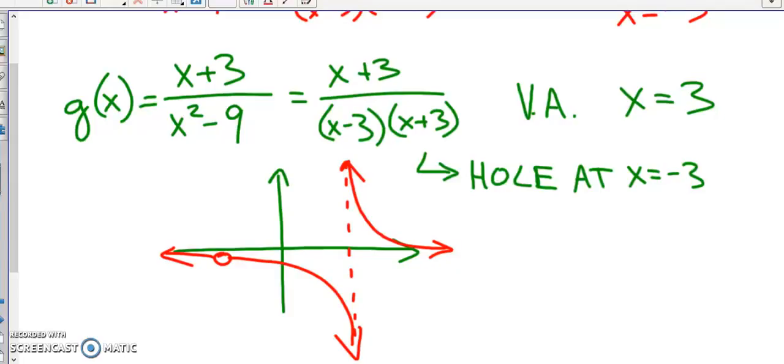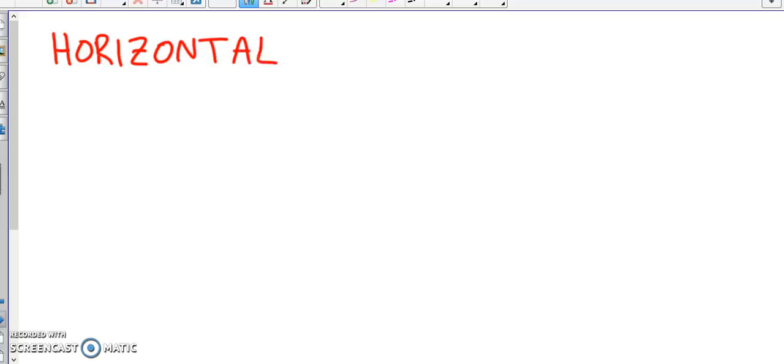The next thing we have to figure out are horizontal asymptotes, or in this case, there'll only be one. Potentially there could be two, but for a rational function, there's only ever one. So a horizontal asymptote is a horizontal line that the graph doesn't cross out on the edge.